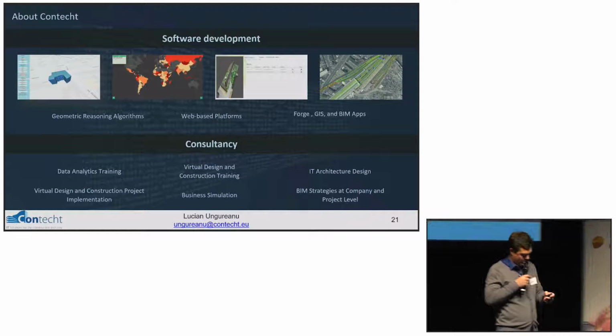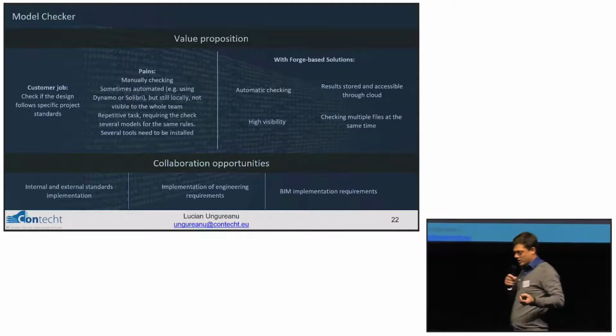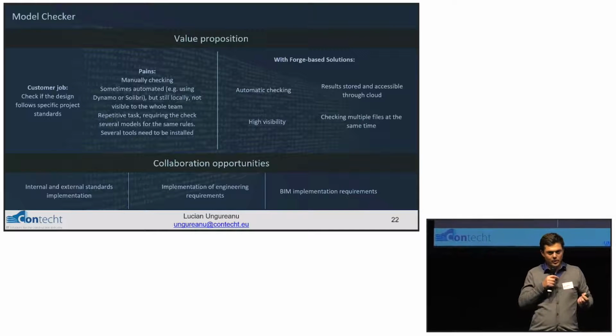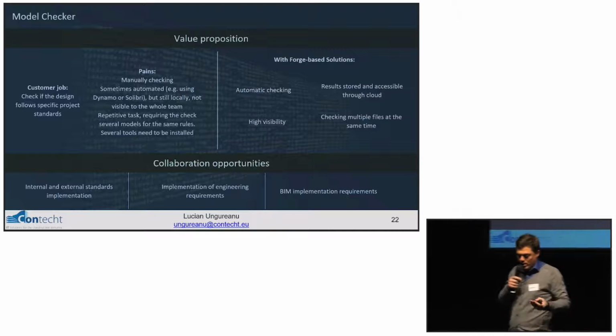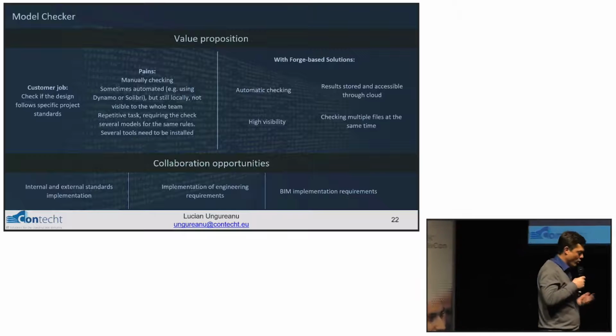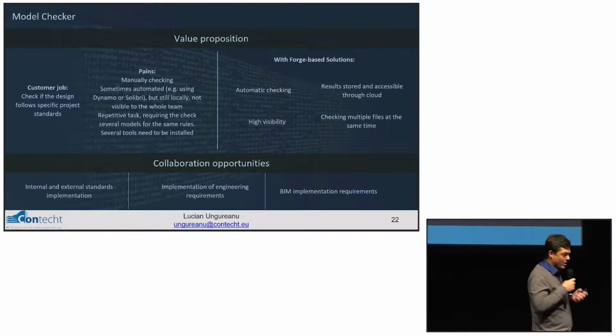So moving towards the stuff we developed in Forge. This is one of the projects on top of Forge which we collaborated on with Autodesk. The idea was to do a demo case where we look into the challenges of developing a model checker on top of Forge.